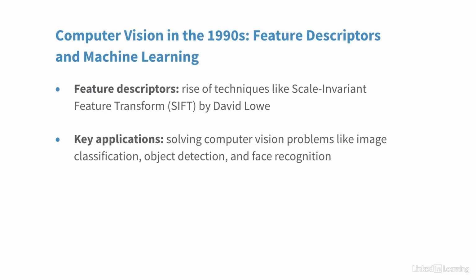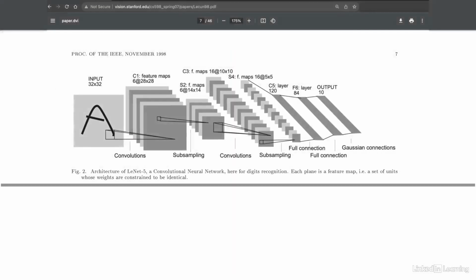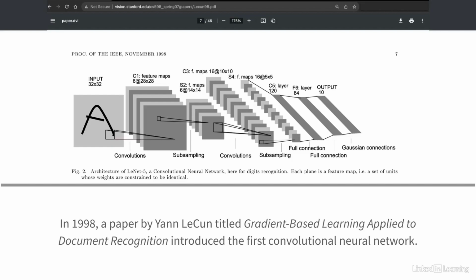Often, these feature descriptors were combined with traditional machine learning classification algorithms, such as support vector machines and k-nearest neighbors, to solve computer vision problems. In 1998, a paper by Yann LeCun called Gradient-Based Learning Applied to Document Recognition introduced the first convolutional neural network. LeCun's work was greatly influenced by Fukushima's neocognitron.